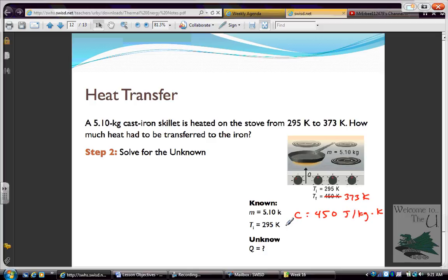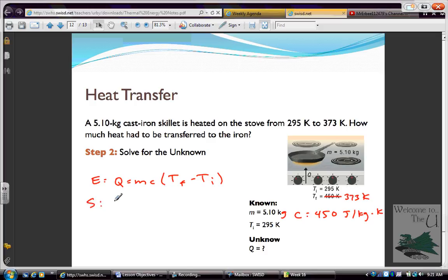All right, so we can actually plug all this information into our equation. So we've got the given and the unknown here. The equation here for heat energy is Q equals mc times the final temperature minus the initial temperature.